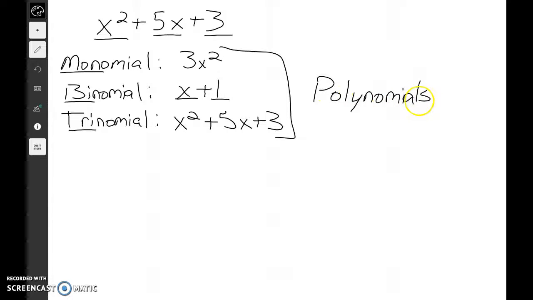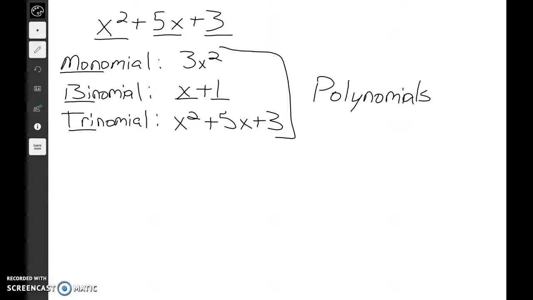A polynomial can represent any number of terms. If we had 4 terms, 5 terms, 6 terms, those are all polynomials. The only ones that have specific names are the monomial, binomial, and trinomial.